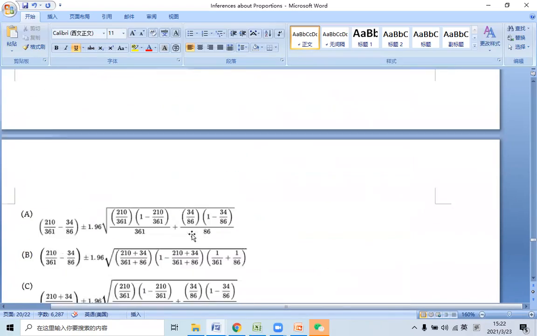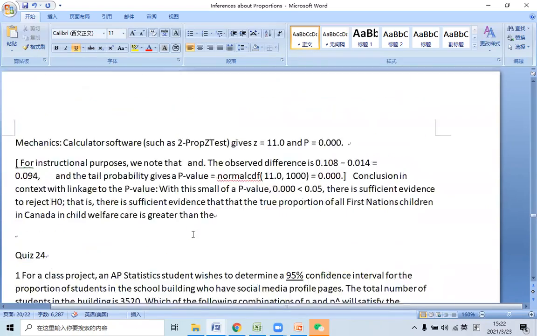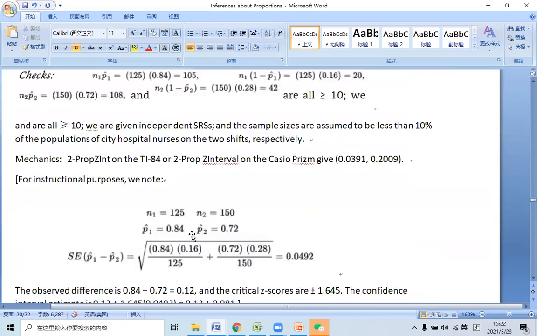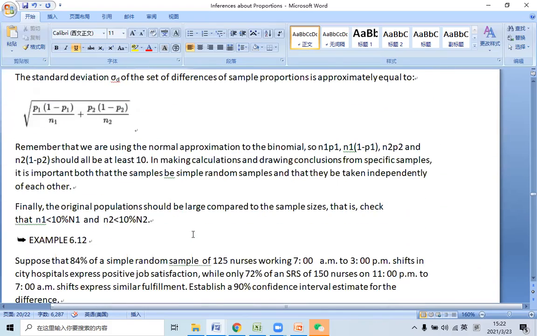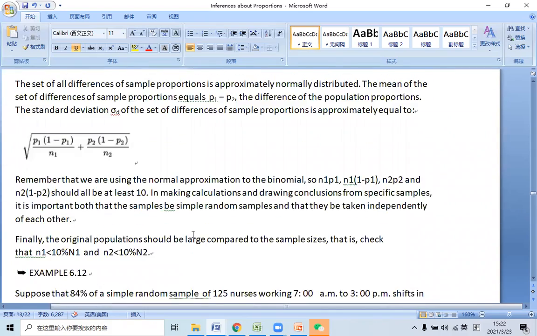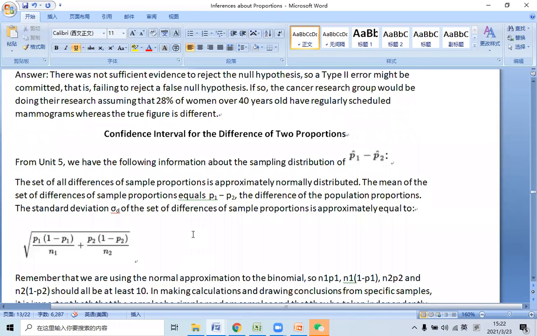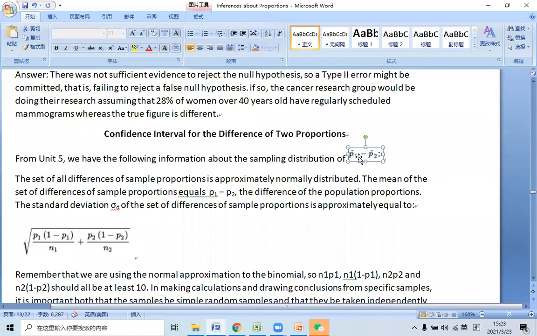And let's review what's the formula for the addition rule. Difference between two proportions. Basically, you are trying to calculate the difference between two proportions.